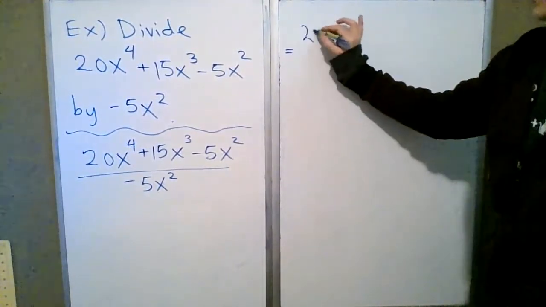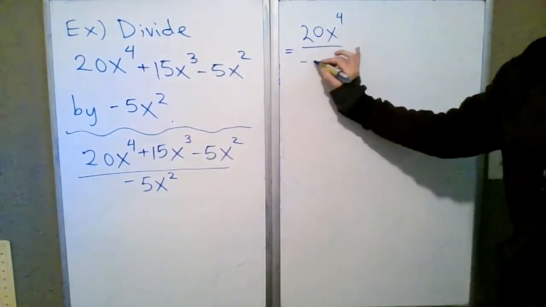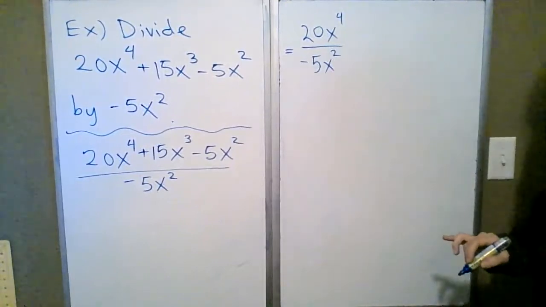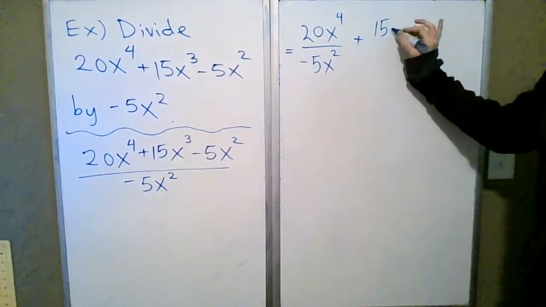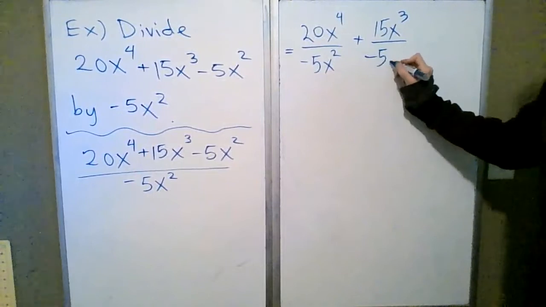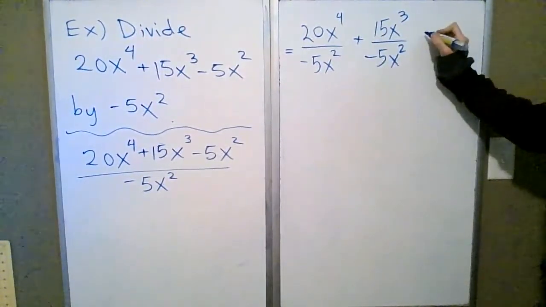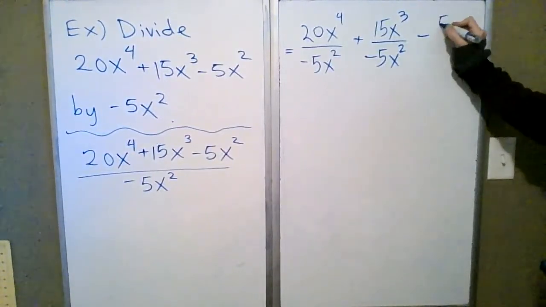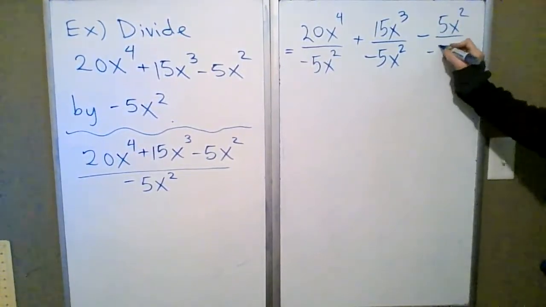First one, 20x to the fourth over negative 5x squared, plus 15x cubed over negative 5x squared, minus 5x squared over negative 5x squared.